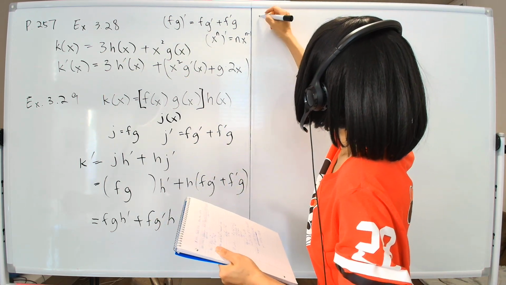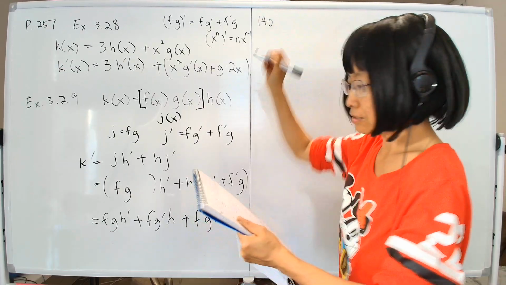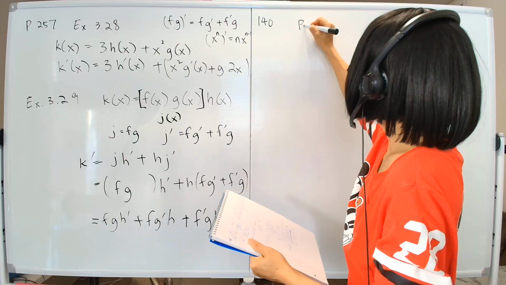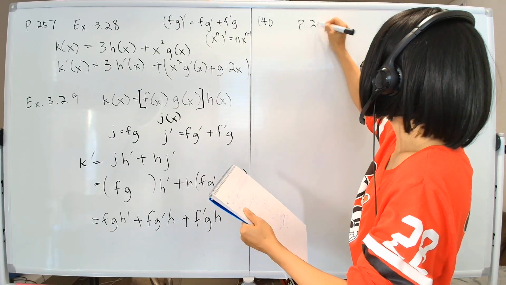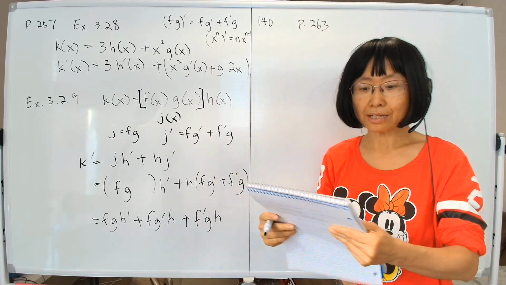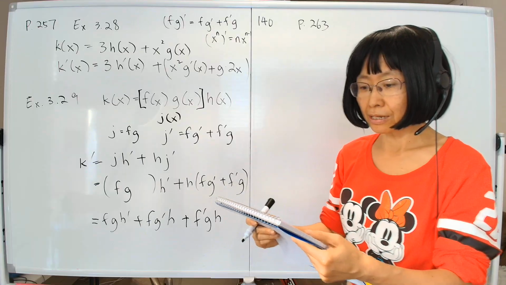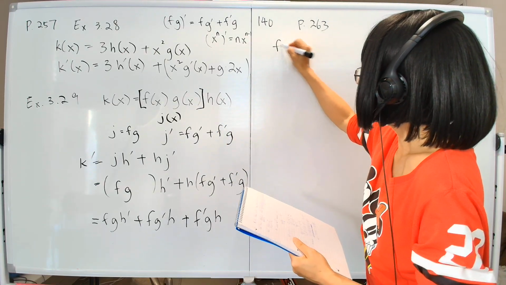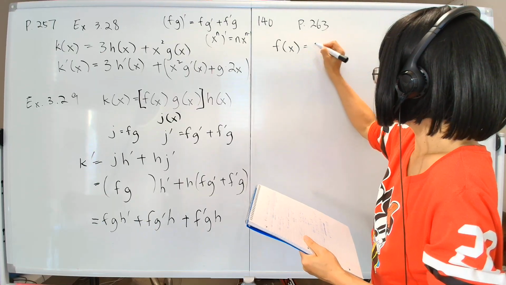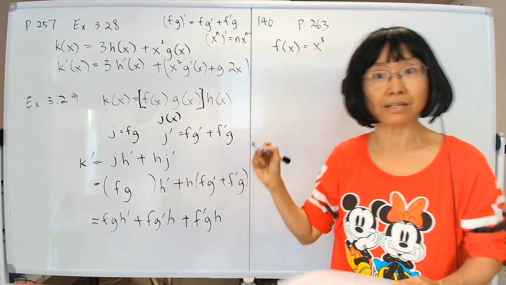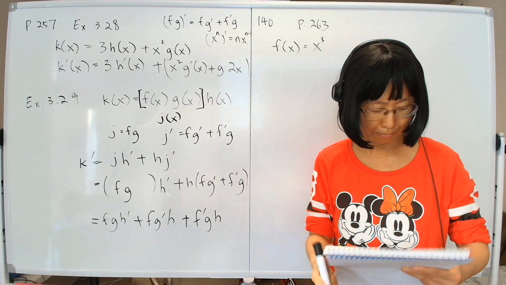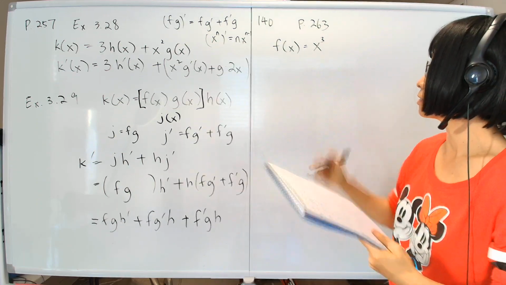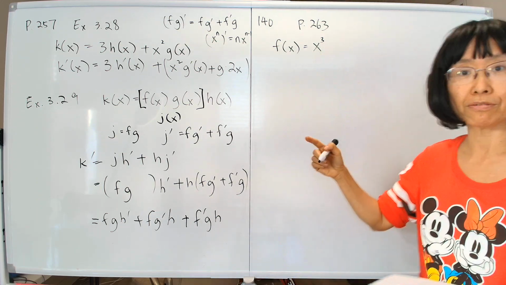So problem 140, and that's on page 263. All right, let's look at problem number 140, which says something like, you have an f of x equal to x to the power 3. That is a standard graph, and you should be able to remember what that looks like.